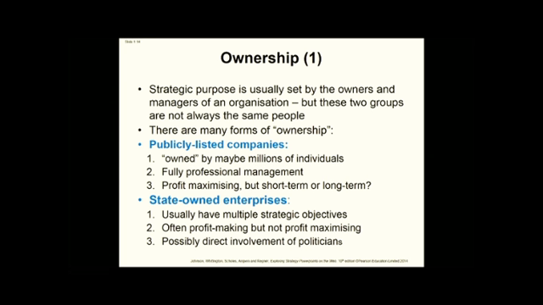If you're some other sorts of government agencies, you will have more diverse objectives than that. So you may have multiple strategic objectives, and you have to find some way of balancing them. You may be required to make a profit, but not maximise the profit.